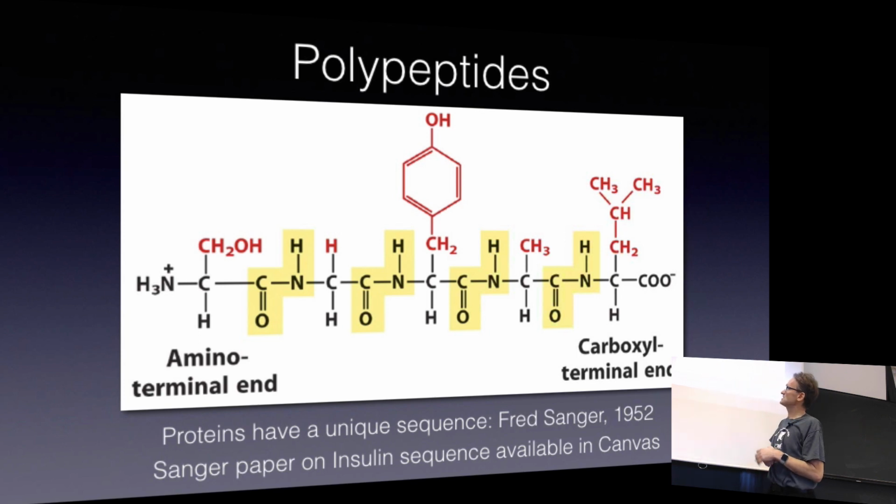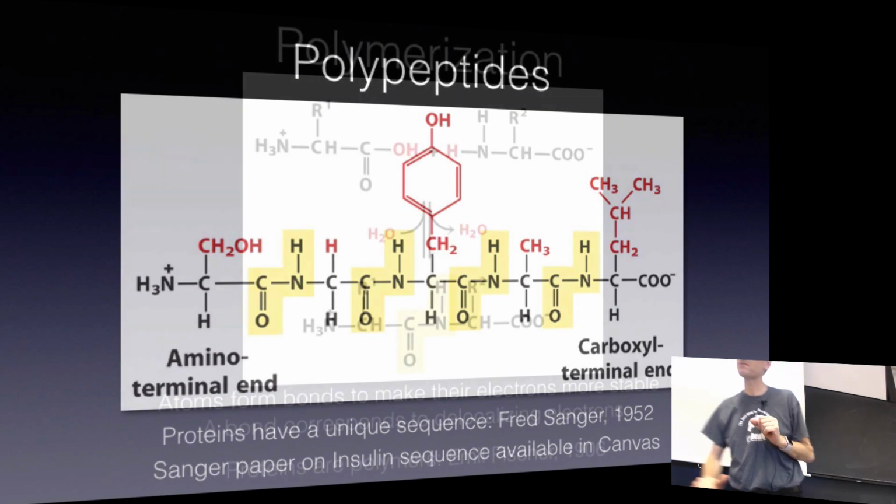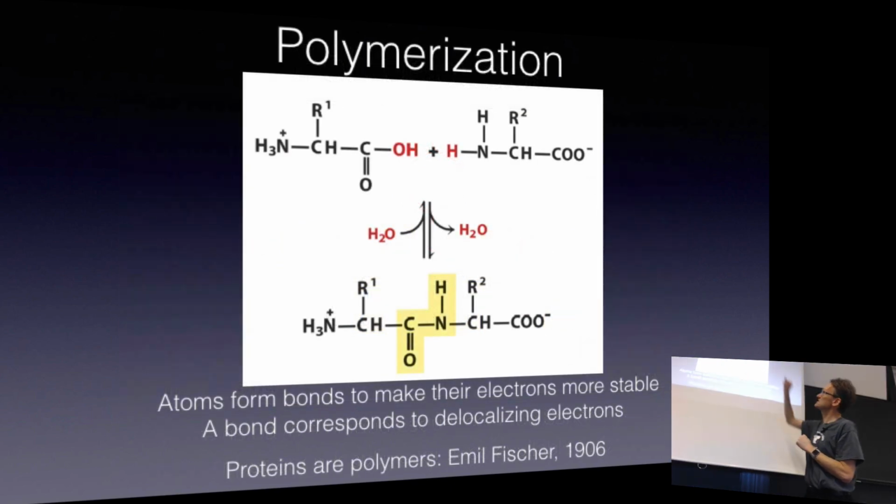Each amino acid ends with a COO minus group, and then the next amino acid typically starts with an NH3 plus group. If they move together, they can release a water and instead form a larger molecule that sits together.